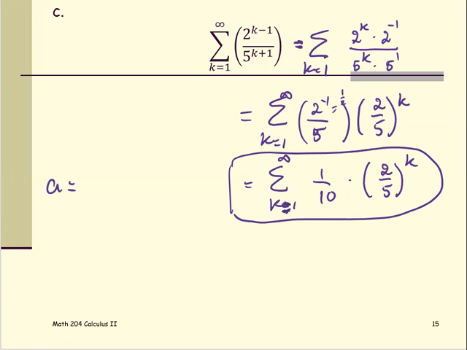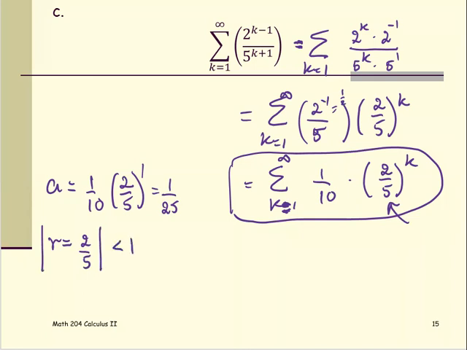So the first term, when k equals 1, is 1 over 10 multiplied by 2 over 5 to the first power, which gives us 2 over 50, or 1 over 25, as the first term. And r is the ratio, or the constant multiple to obtain the next term, which is the number that is raised to the power k. So in this case, r is 2 over 5. Again, the absolute value of r is less than 1.